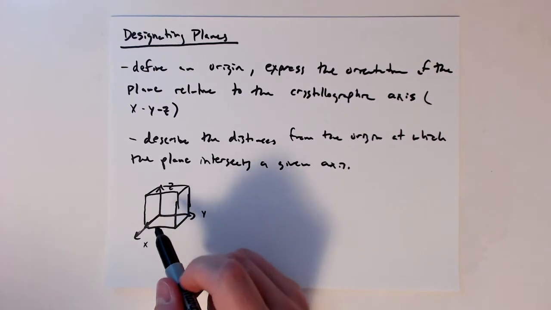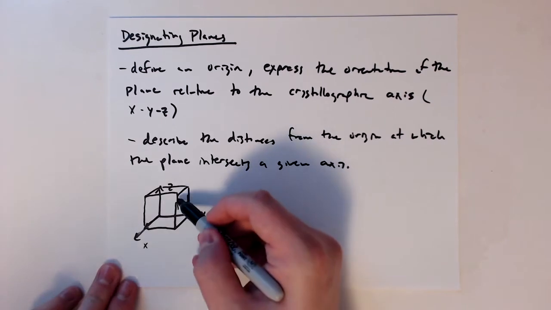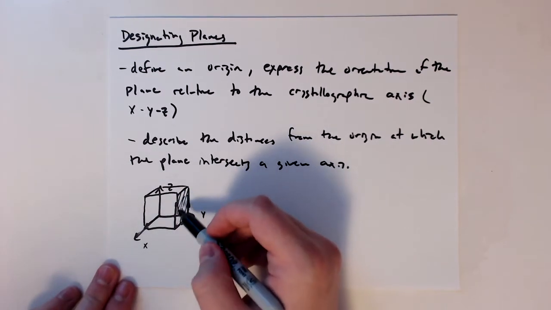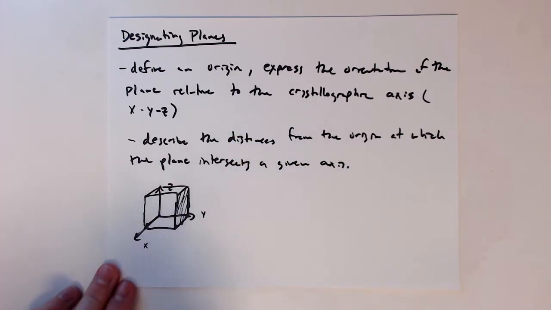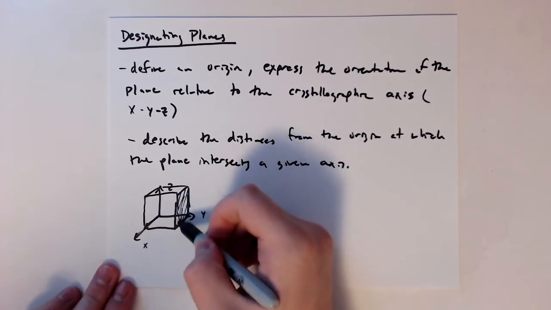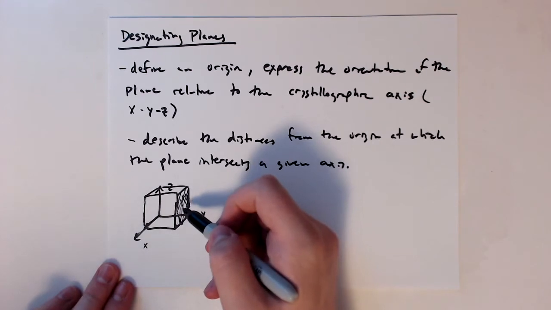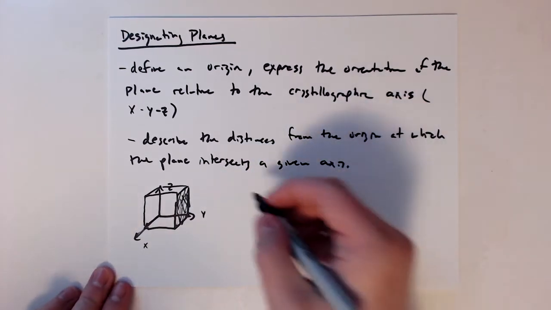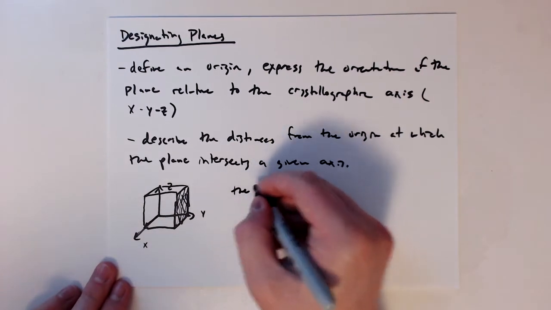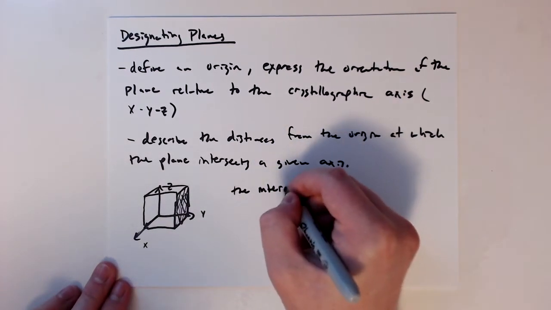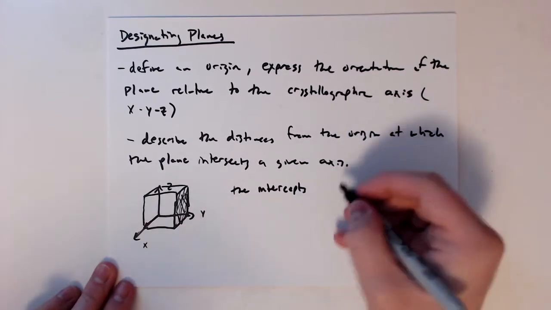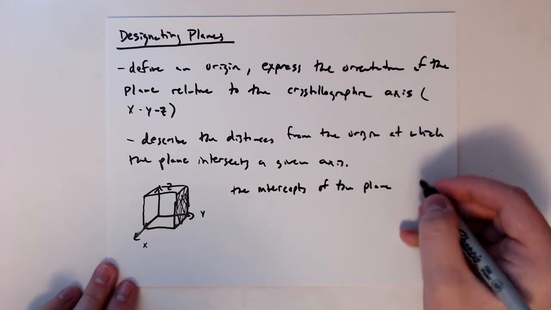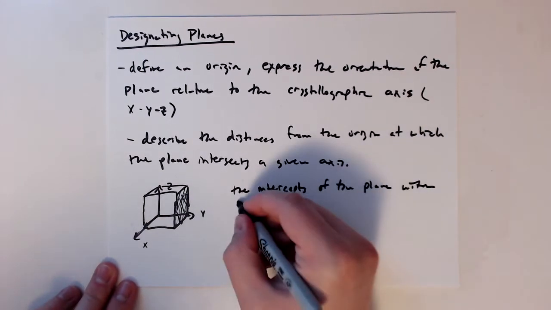So if I'm interested in a certain plane, right, so this plane over here, it extends infinitely, but we're just going to draw this shaded region to indicate it on the unit cell, right? So again, what we're looking for is the intercepts of the plane with those three axes.